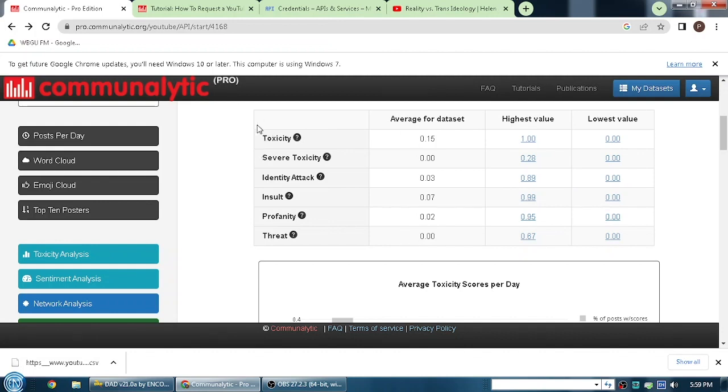So again, these are the levels of toxicity: toxic and severely toxic, identity attack, insult, profanity, and threat. So we have pretty widespread results here. It's giving us averages and highest values and lowest values for each of those different categories. So you can see that for the highest value, there are some comments that are 100% toxic, I guess is what that's supposed to mean.